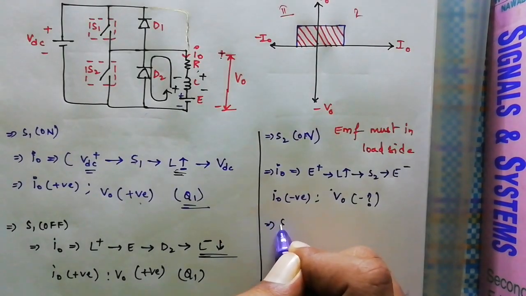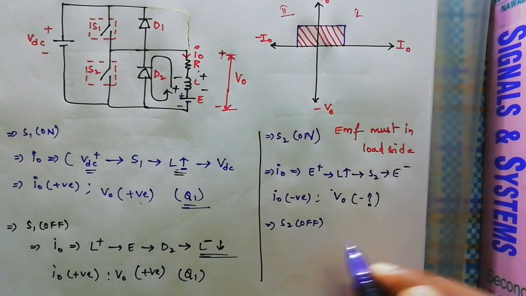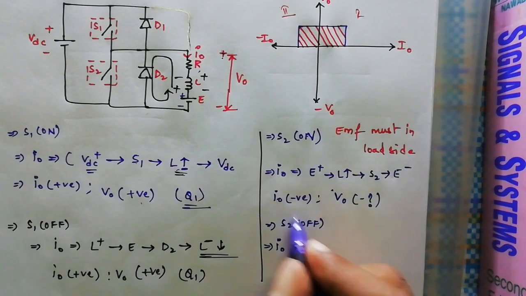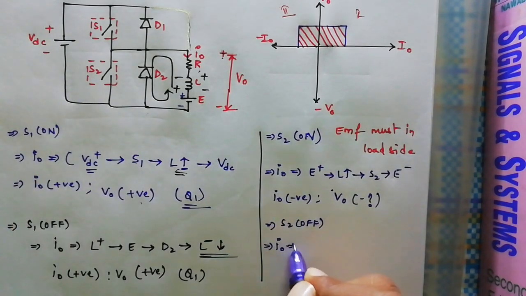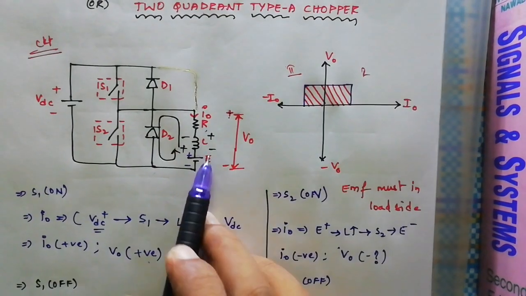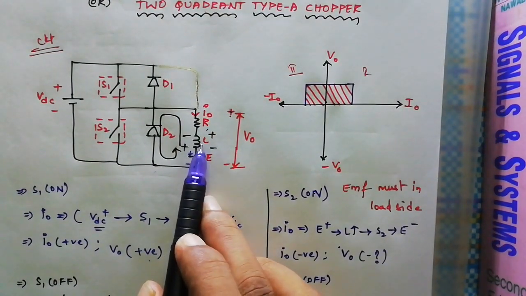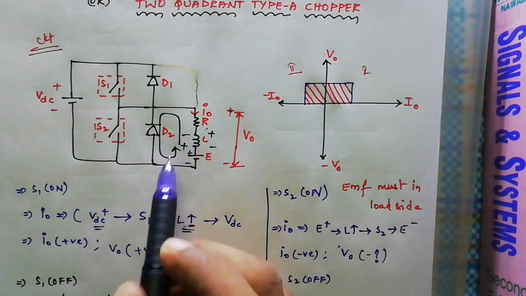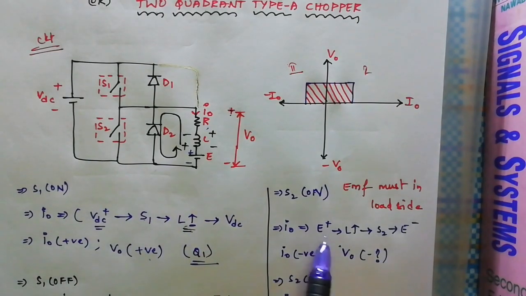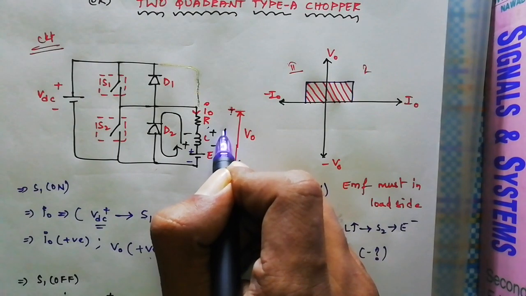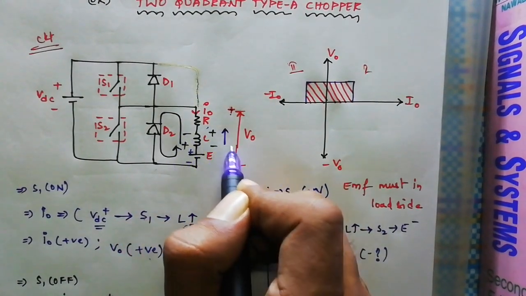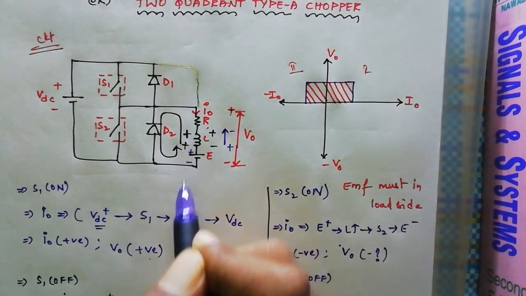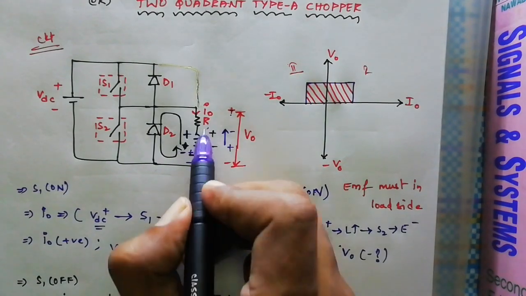Now let us turn off switch 2. What happens? The current will come from the inductor, because in the previous case L stored some energy, so now it has to discharge. It was charged from E to L, with plus and minus polarity while charging, so now this end becomes plus and the other becomes minus.